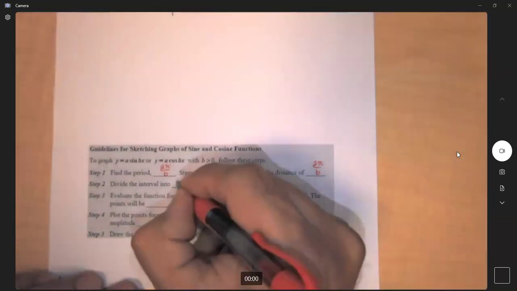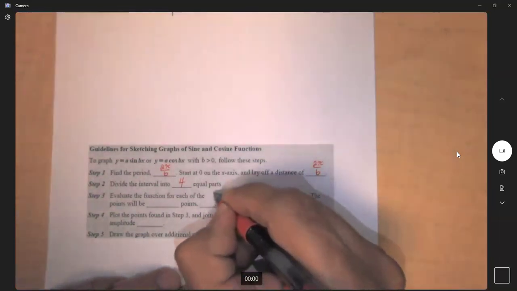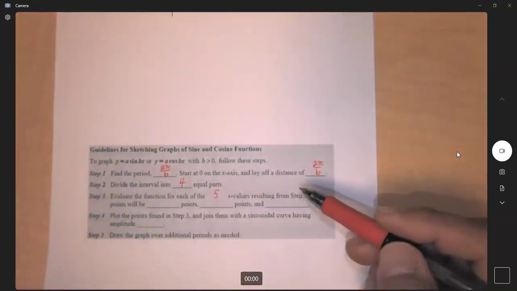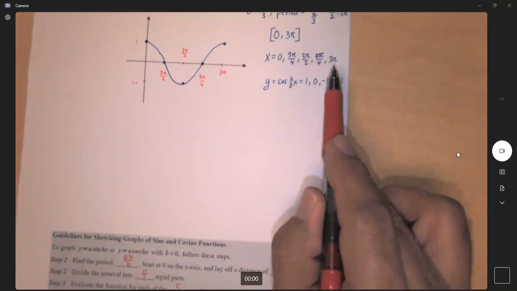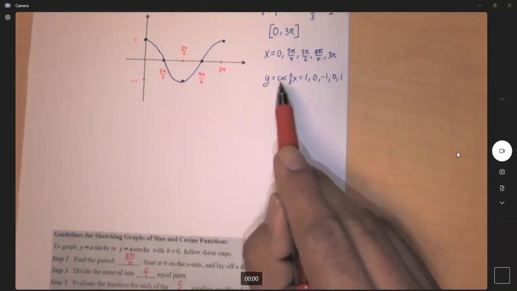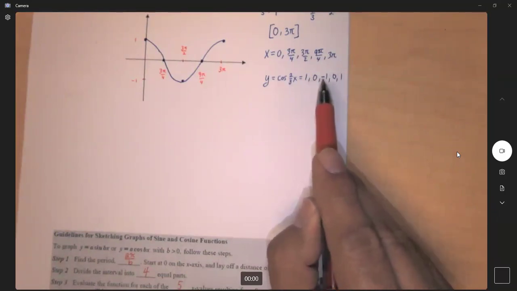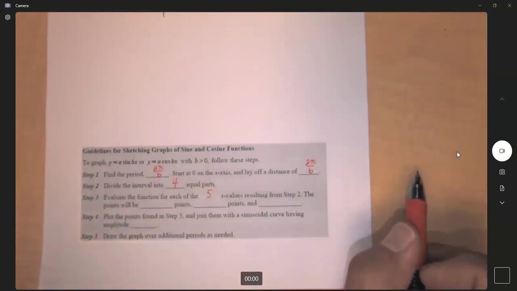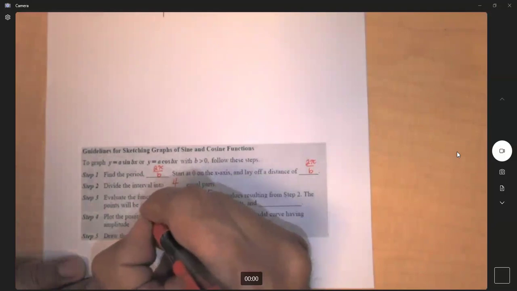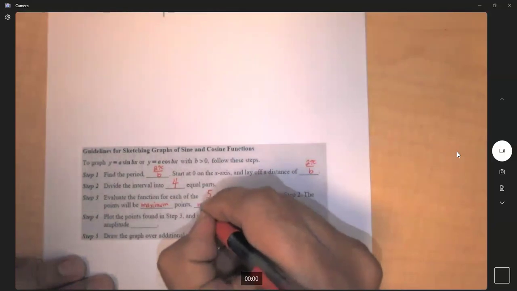Divide the interval into 4 equal parts. Evaluate the function for each of the 5 x values resulting from step 2. These are the x values that we're discussing in this problem, right? In this generalization, those 5 x values will coincide with the 0s, the 1s, and the -1s. The points will be maximum points and minimum points, right?